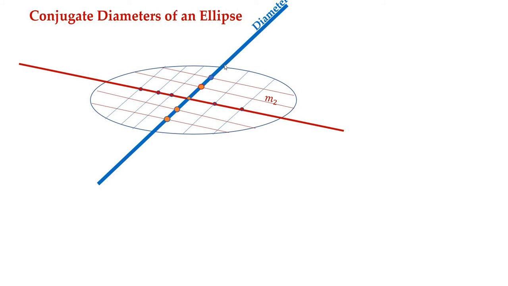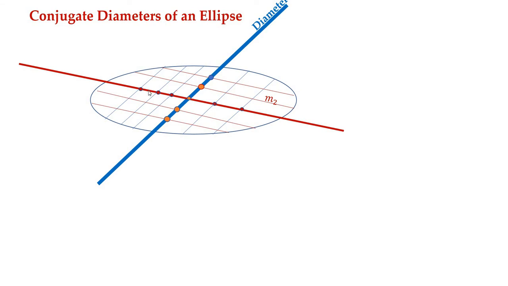Because this bisects the chords parallel to the other diameter. This is one diameter, this is another diameter. We say that these two are conjugate diameters provided each, in this case first I will take this, bisects the chords parallel to the other. So it bisects. So that means we have these two to be conjugate diameters.